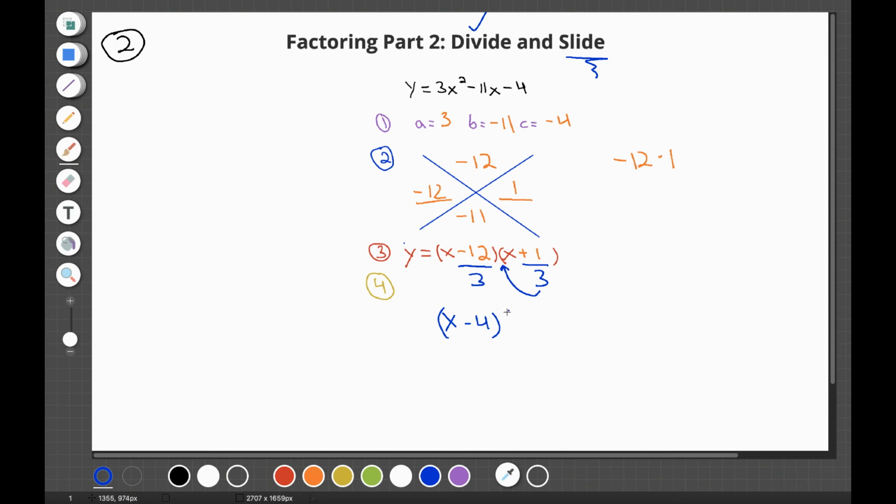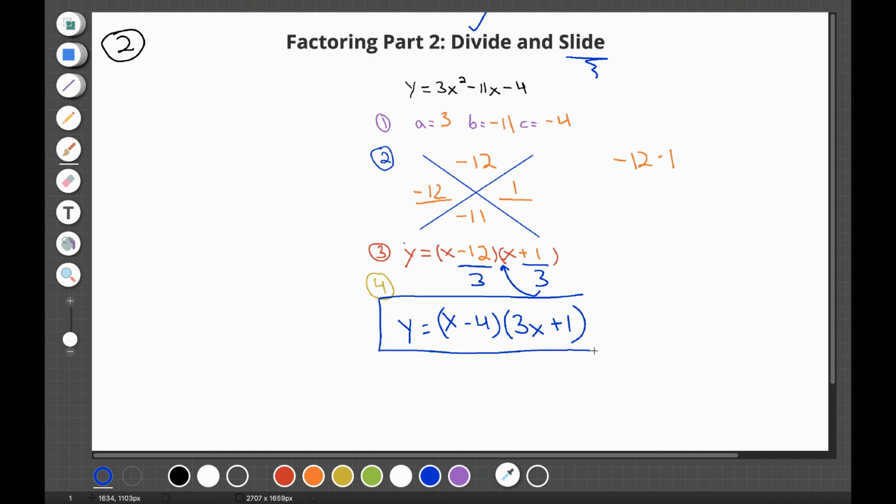Let me just show you what it looks like. So this is our divide. We're still dividing, but it won't divide evenly, so we slide it up in front of that x. And so this becomes 3x, and then we just keep the 1, so plus 1. And that is your factored form right here.